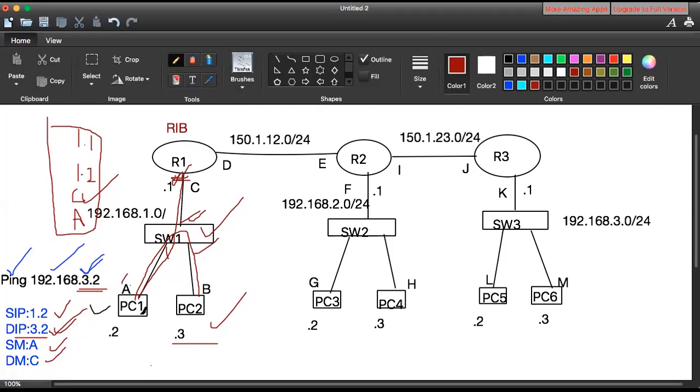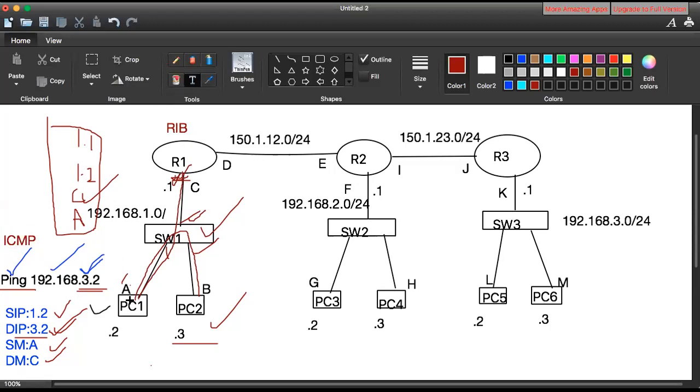Now how would PC1 get to know what happened to my packet, the echo request? Whenever we use ping, the protocol called ICMP is going to be used along with the ping. What is ICMP? Internet Control Message Protocol, and it generates the packet status, the status of either the ICMP echo request or echo reply.